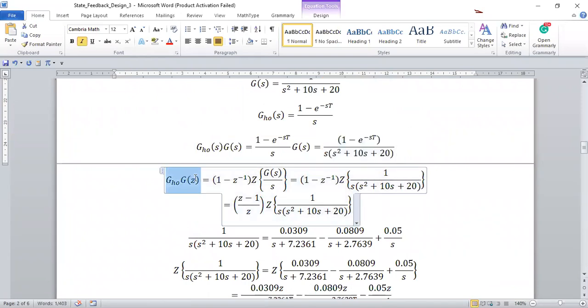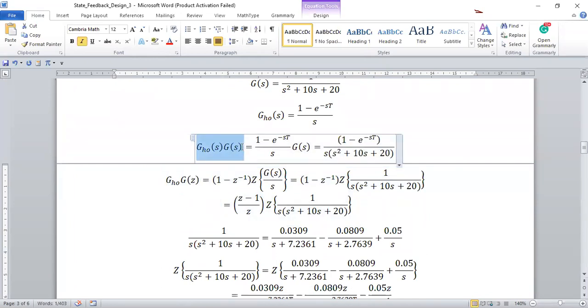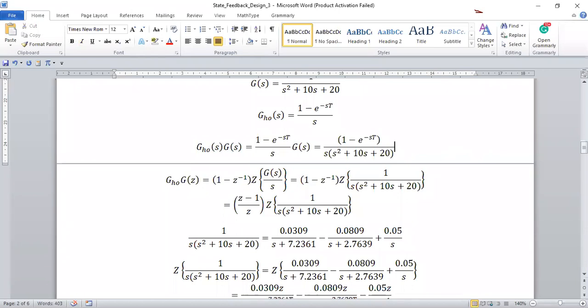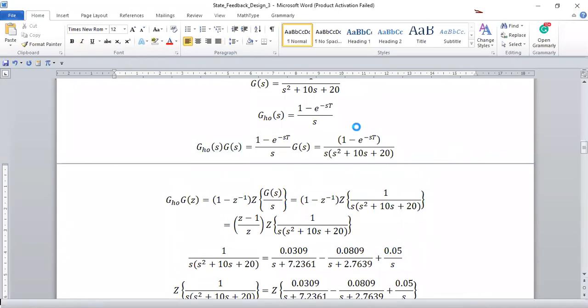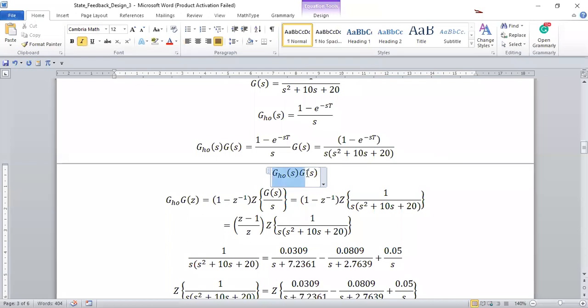So the Z transform of this is given by this expression here.